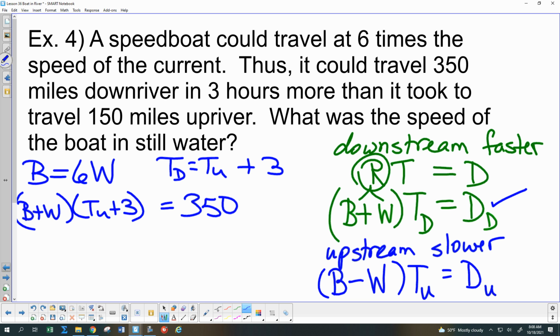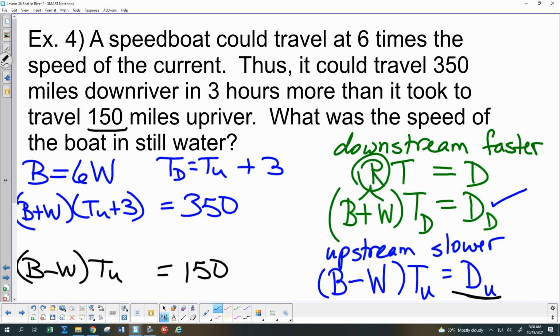And I know that the upstream distance was 150. And that's going to be B minus W times the upstream time.